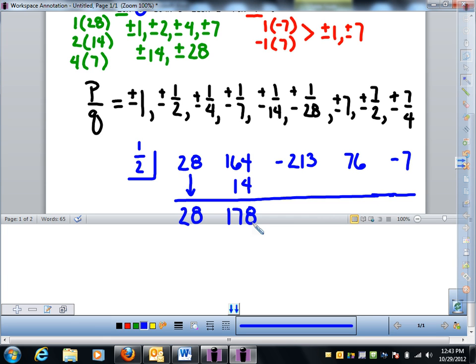Multiply, and I will end up with, what would that be, 89. Add, and I'll get negative, let's see, 124.